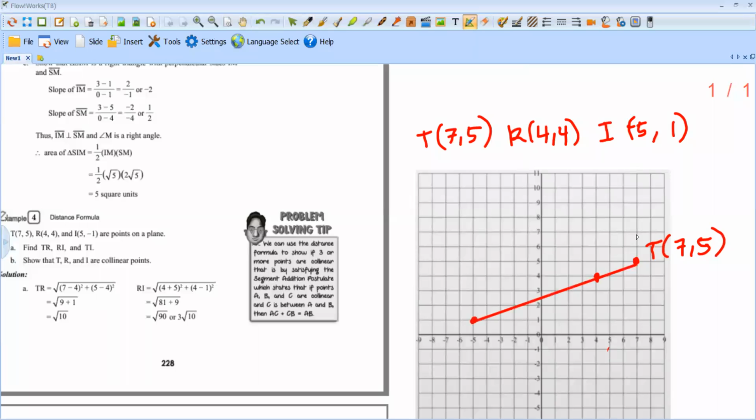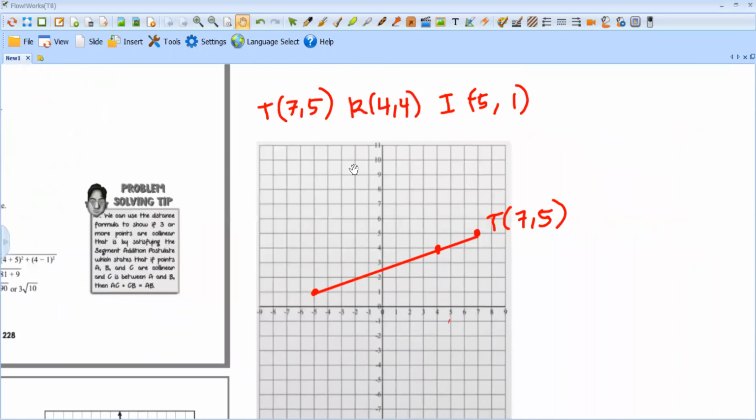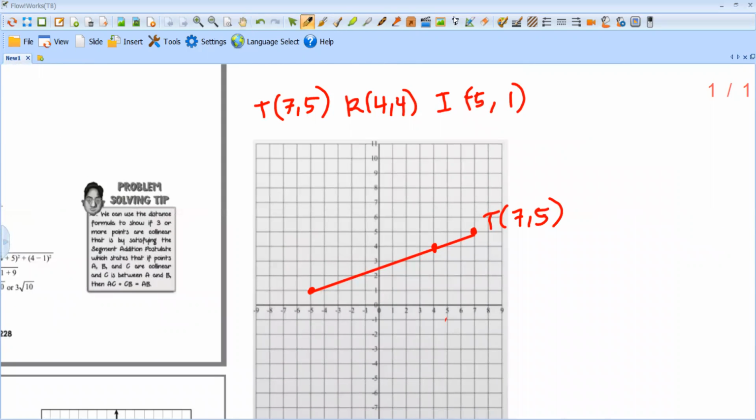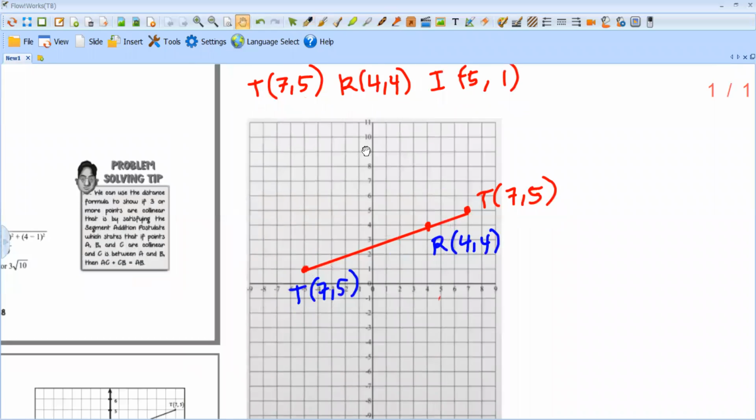All right. It is actually collinear already. So they lie on the same line, right? So let us put the names R 4, 4 and T 7, 5. But how will you know without graphing if these points are collinear? So let us try to have the distances.